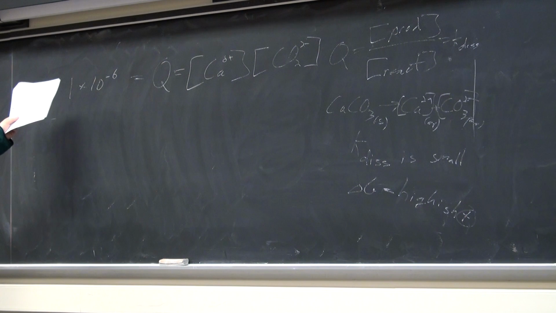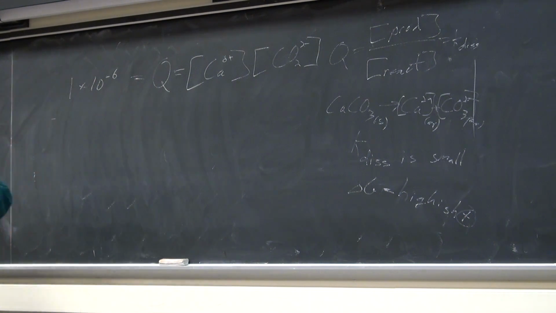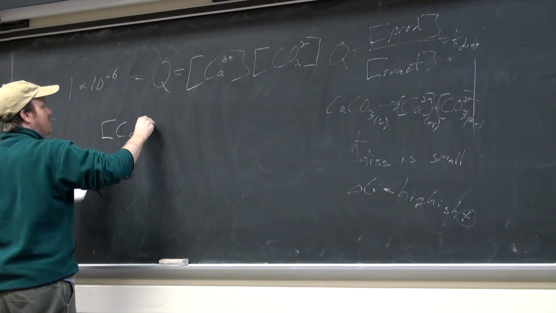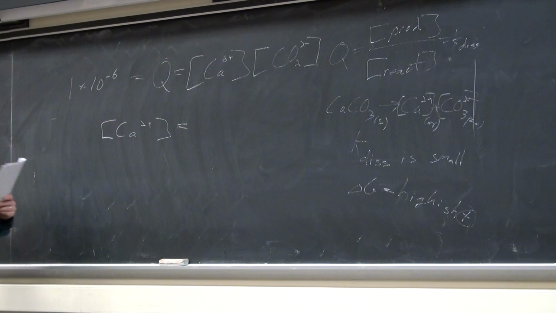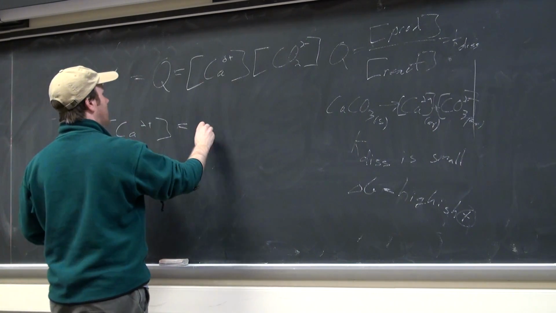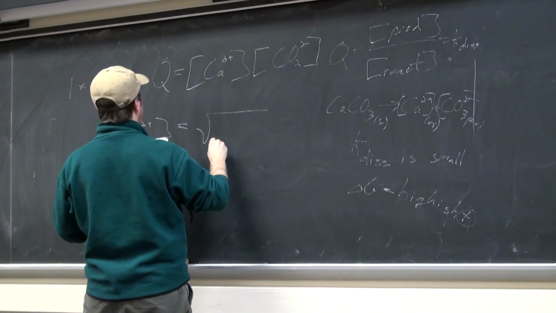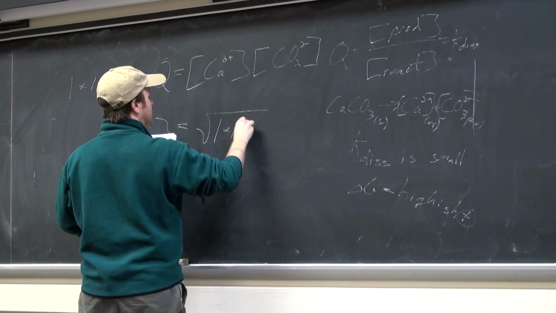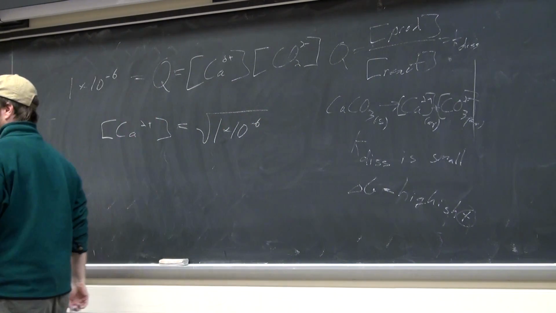So we just need to solve for the concentration of the ions. So the concentration of Ca2+ is what? Yeah, it's basically the square root of 1 times 10 to the minus 6, right?